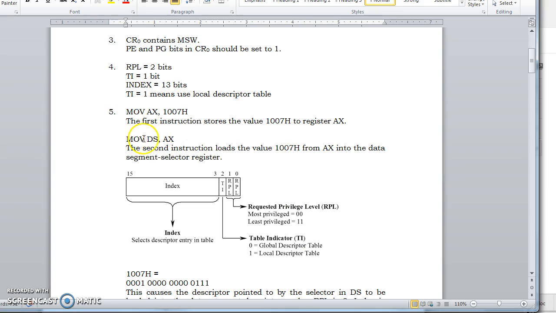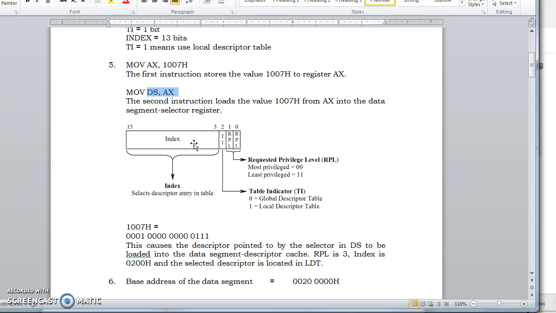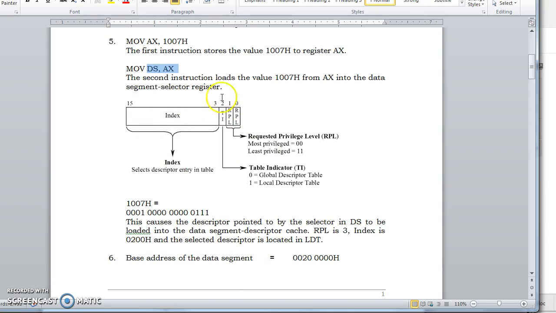Okay, the second one, MOV DS, AX. The second instruction will load the value 1007H from AX into the data segment selector register DS. Okay, so this is the data segment selector register.